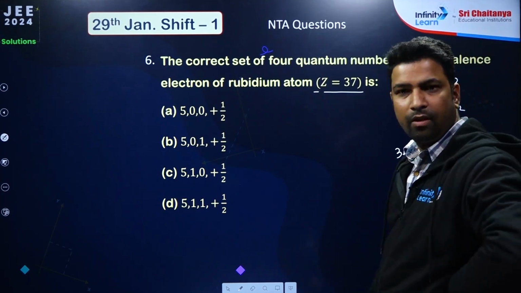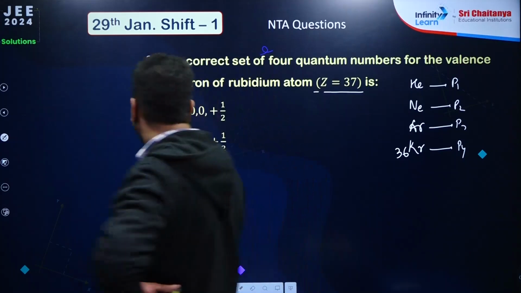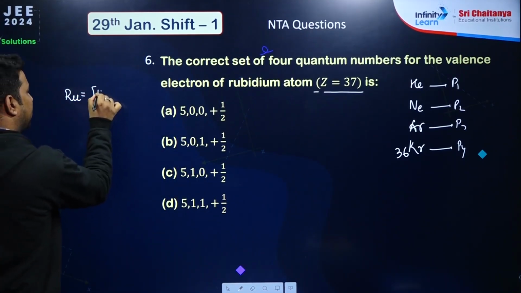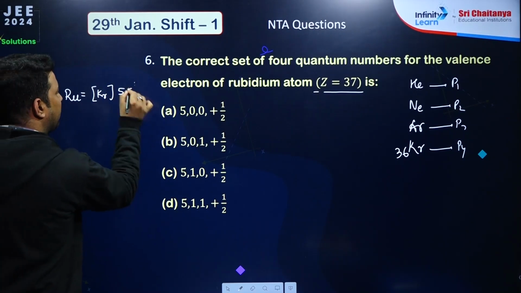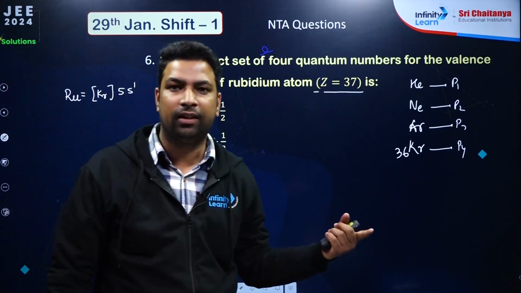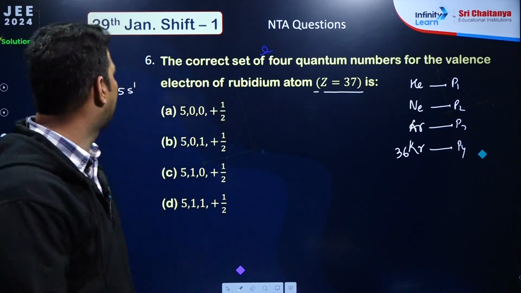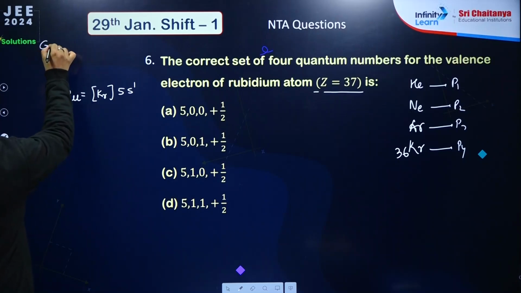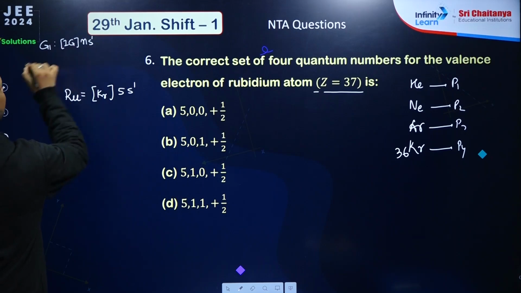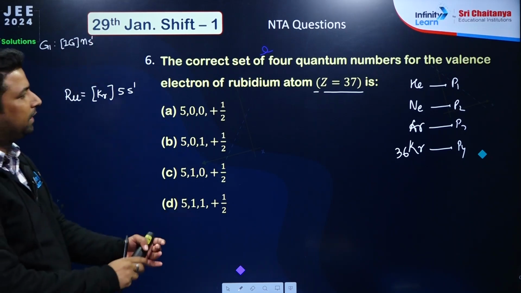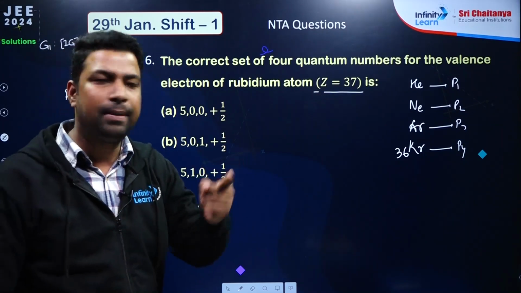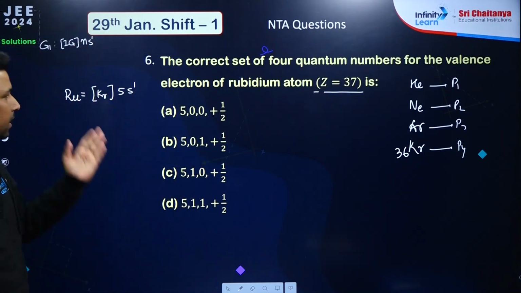So what will be the electronic configuration of rubidium? Rubidium will be krypton and 5s1. For the fifth period, s block, group 1, the general electronic configuration is inert gas followed by ns1, and for group 2 it is ns2. Since Z equal to 37 is rubidium, an alkali metal of group 1, its electronic configuration will be krypton 5s1.